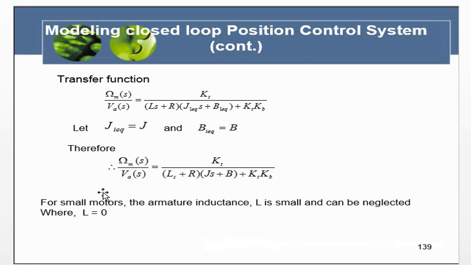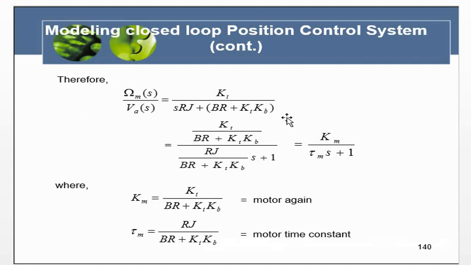For a small motor, the armature inductance L is small and can be neglected, where L is equal to 0. Then the transfer function becomes like this.